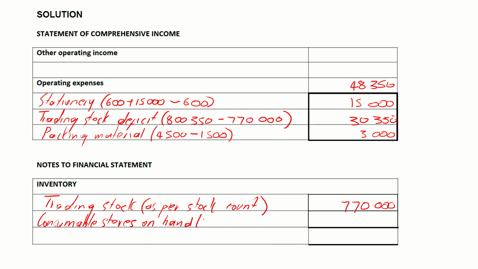For our stationery, 600 rand worth of stationery was not used. And for packing material, 1,500 of our packing materials was not used. Add the two, you will get our total consumable stores on hand of 2,100, making our inventory total to be 772,100.